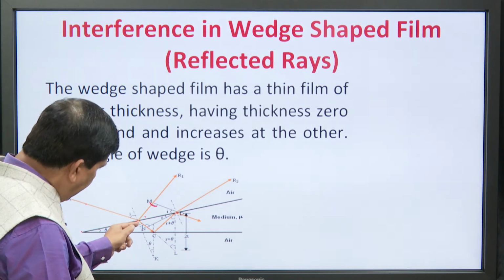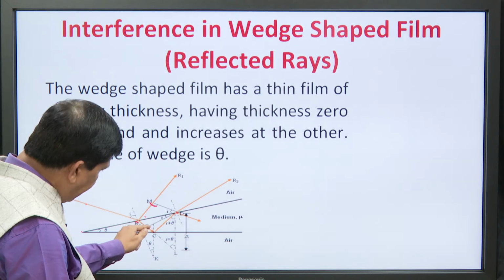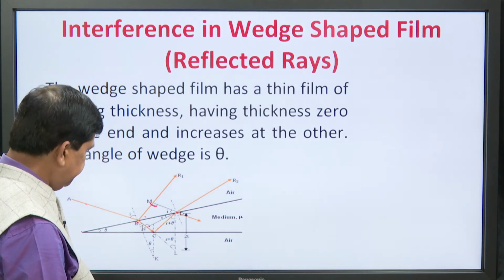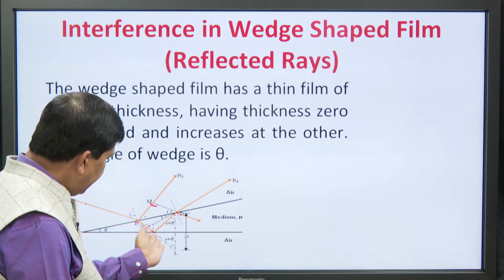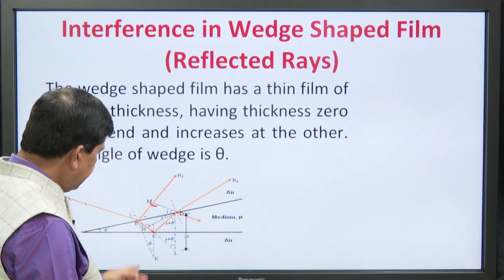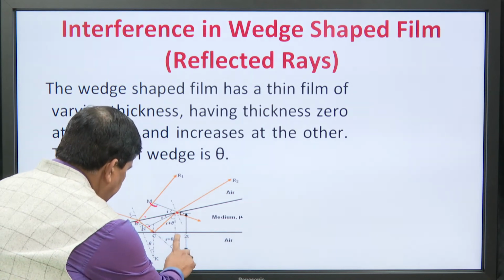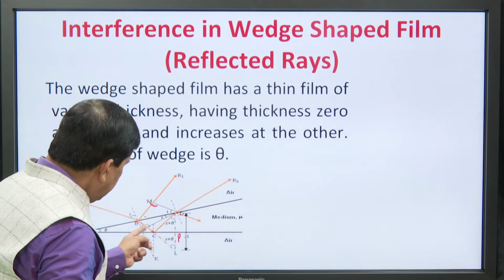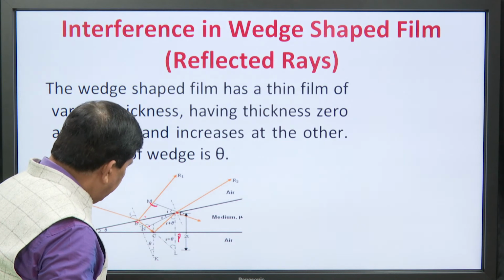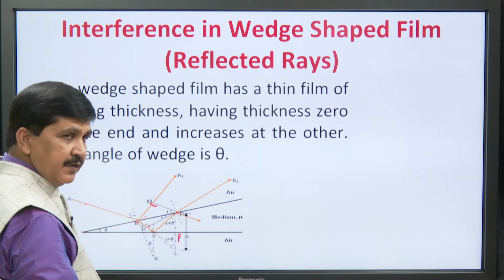This angle is R, so this angle will be R plus theta. If we extend this ray, say it meets at P, then this angle CLP will be R plus theta.